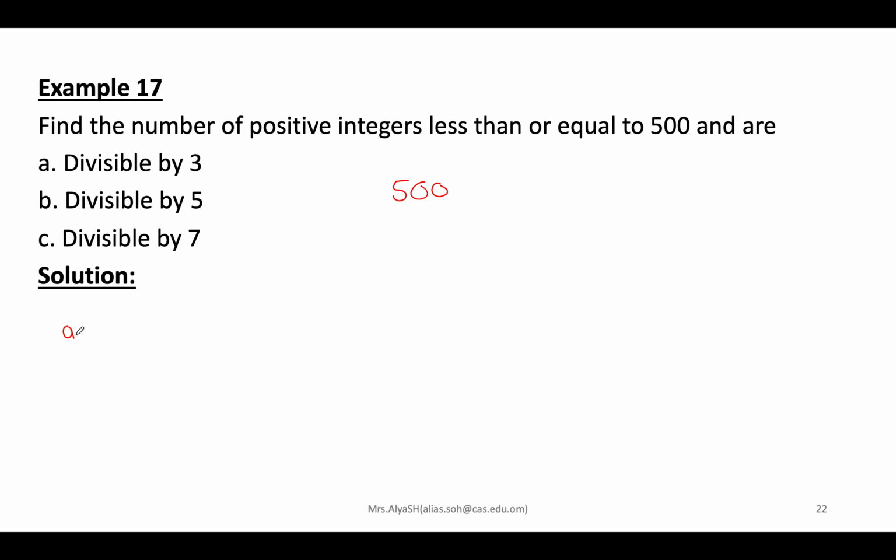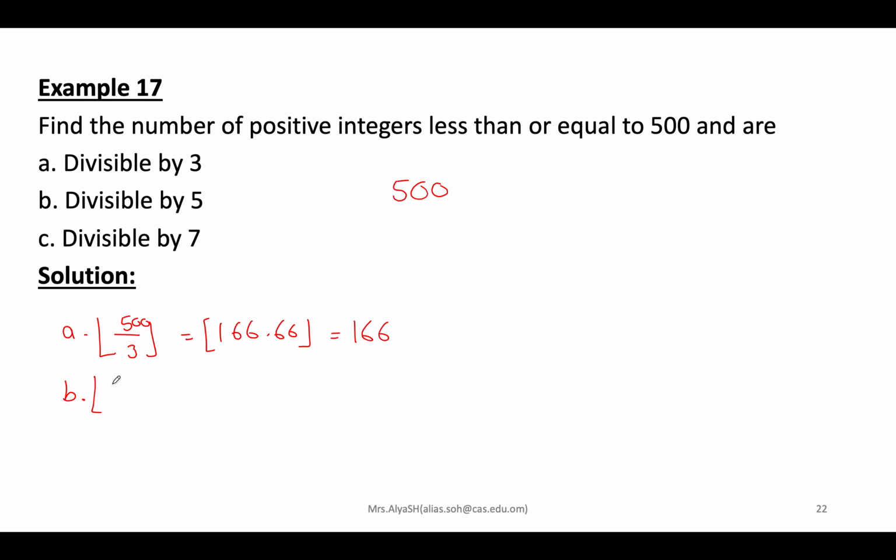In order to find how many of these 500 numbers are divisible by 3, I need to just divide 500 by 3. Then I will get 166.66. Then we just take the number before the fraction point. So here we got that there are 166 numbers divisible by 3.